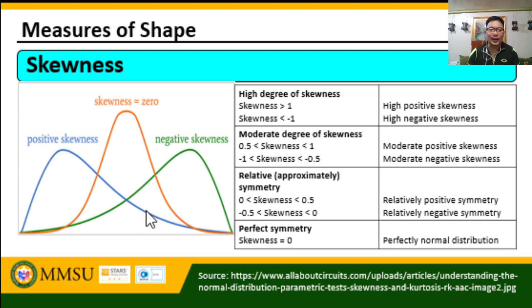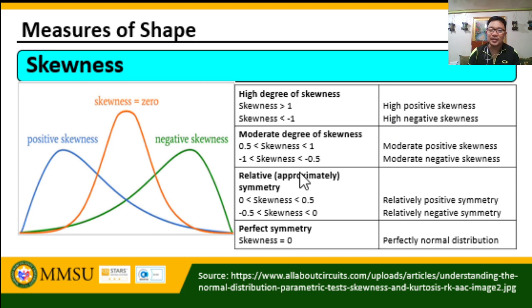Now, we have degrees of skewness here. If skewness is equal to or greater than 1, then we have high positive skewness. If your skewness is less than negative 1, we have high negative skewness.